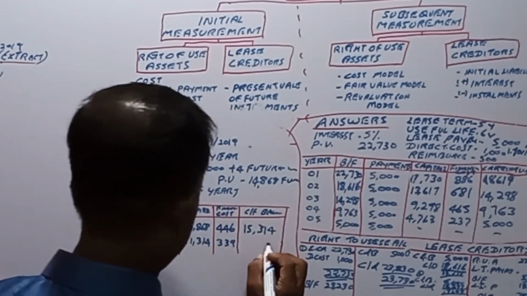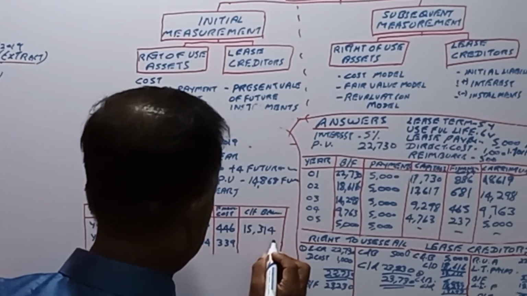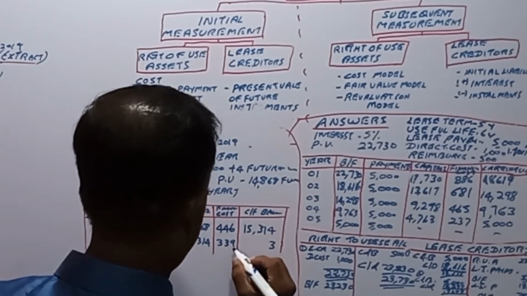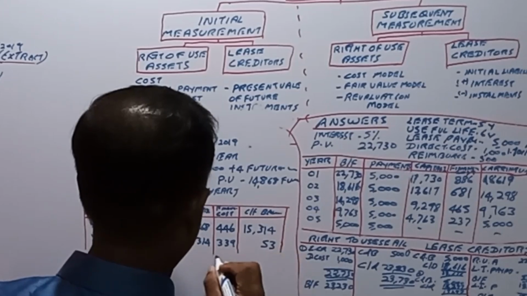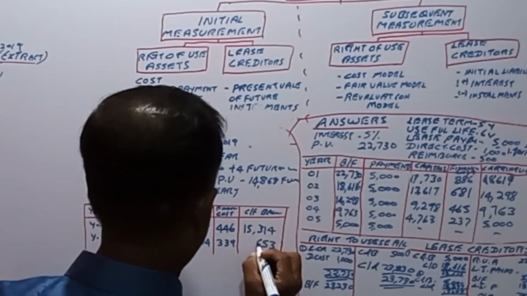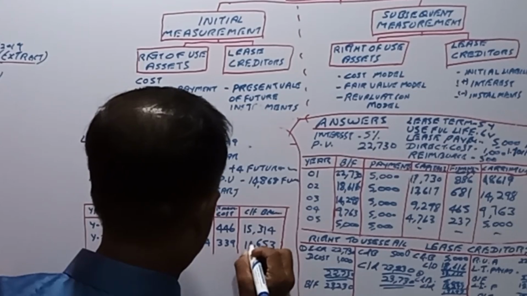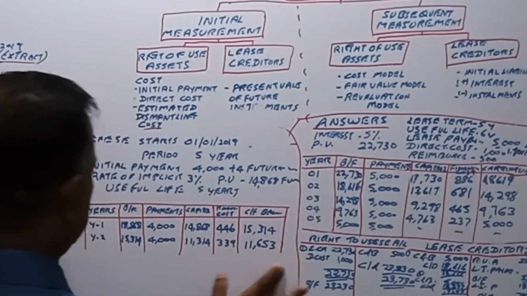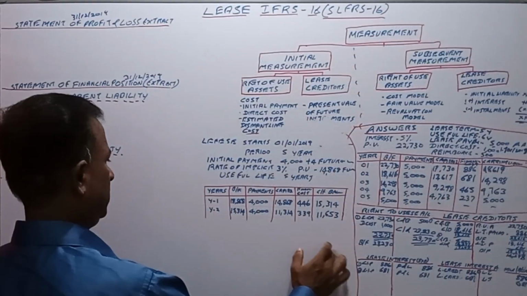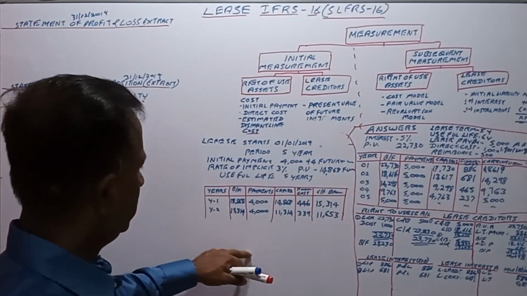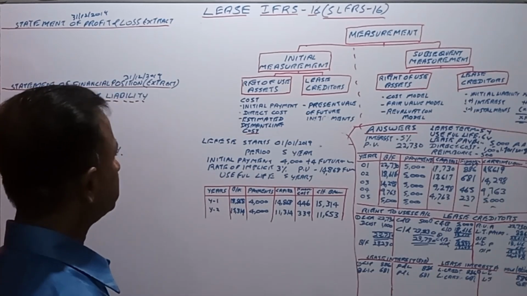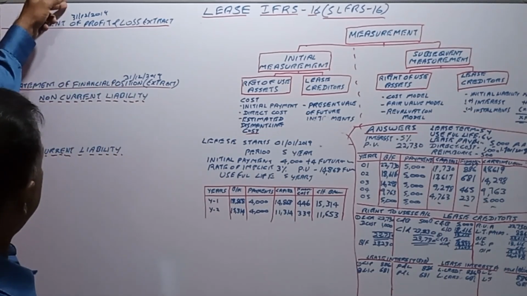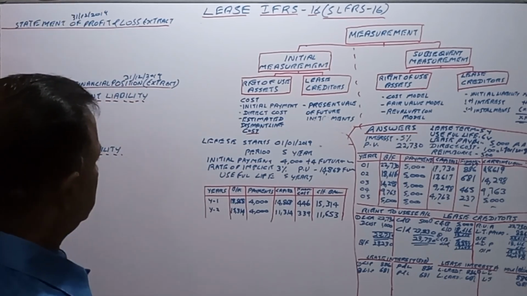If we add this 339, we get 11,653, which is the year 2 calculation. If you want, you can go up to 5 years, but the question asks only up to 31/12/2019.